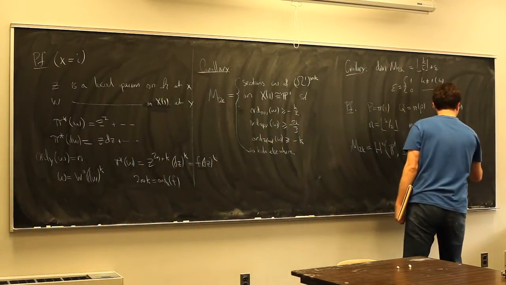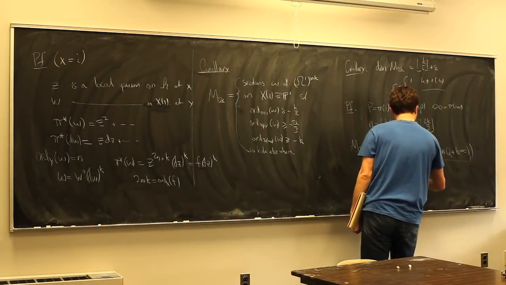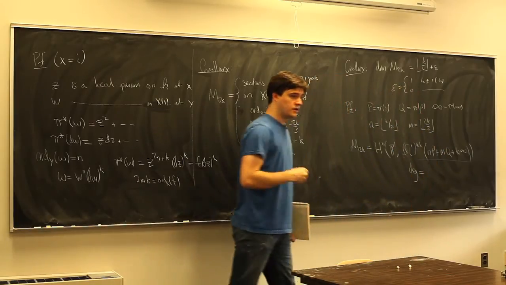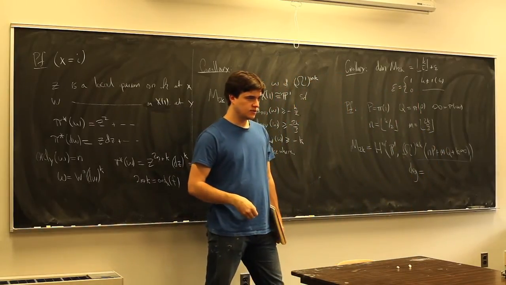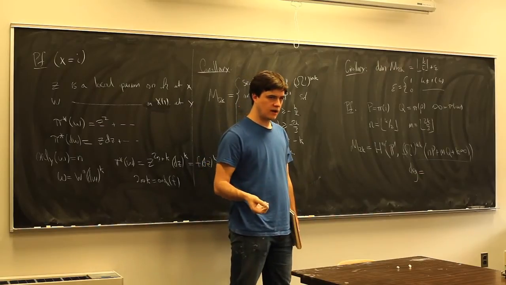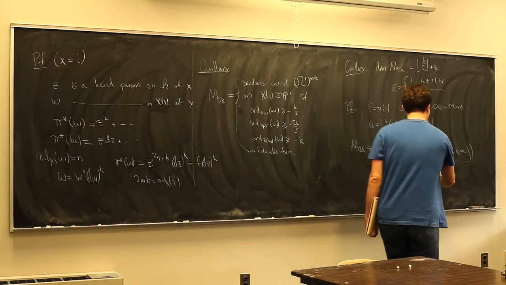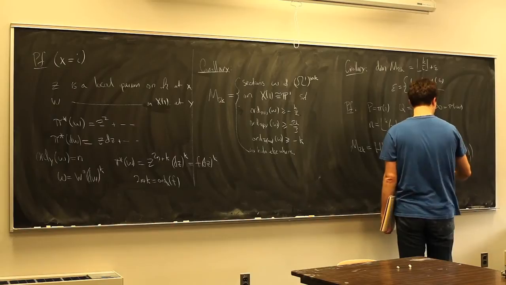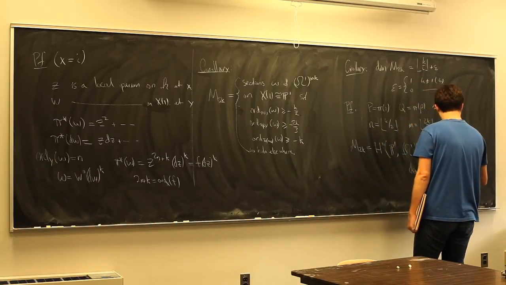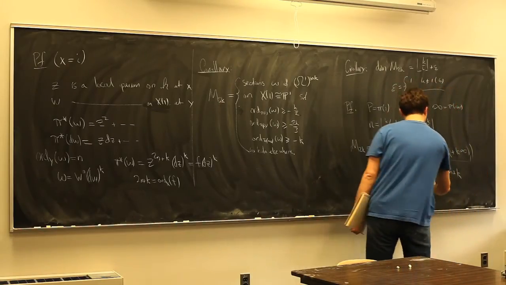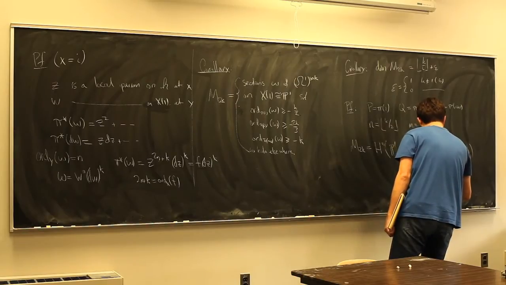So this bundle here has degree, well, the degree of omega 1 on P1 is minus 2. So when I take its kth tensor power, it has degree minus 2k. And I just add to it these numbers that I put in here. So it's n plus m minus k.